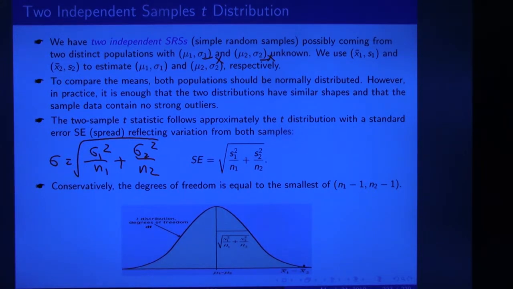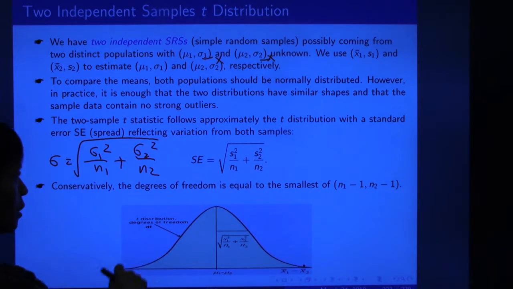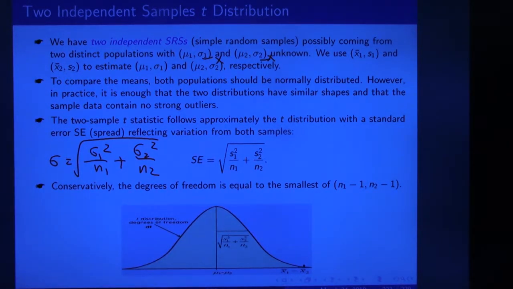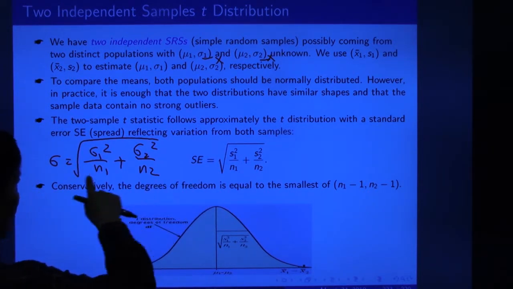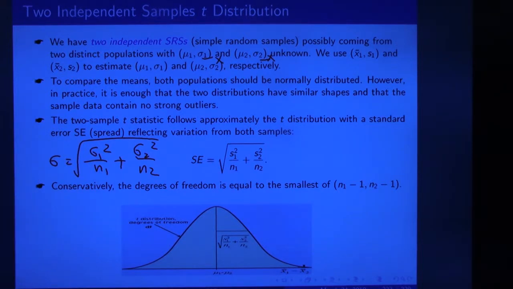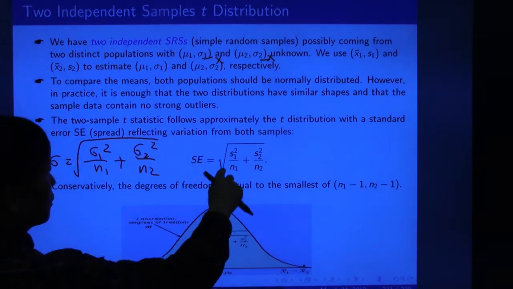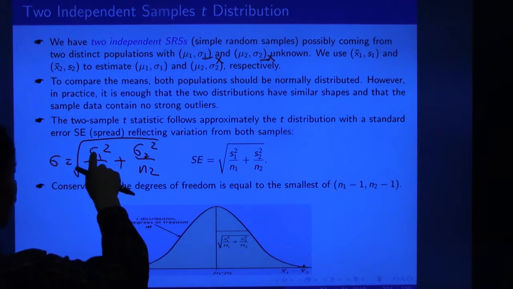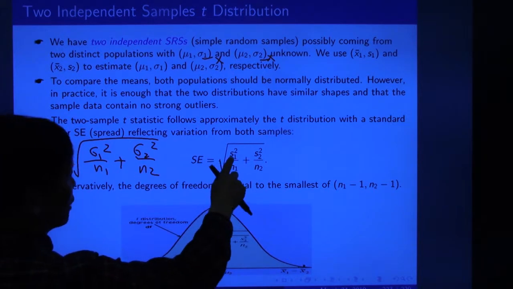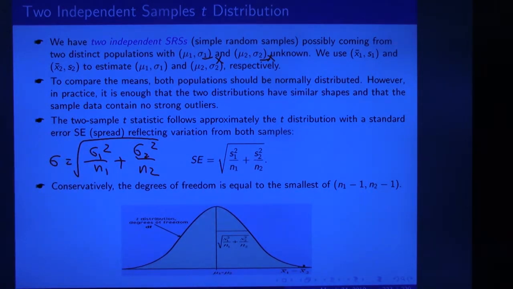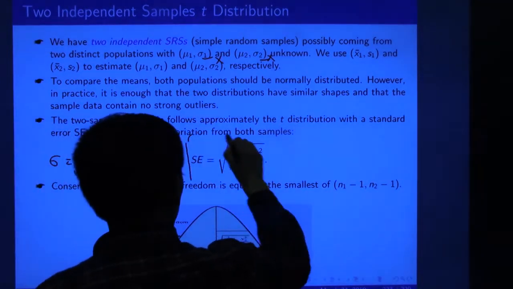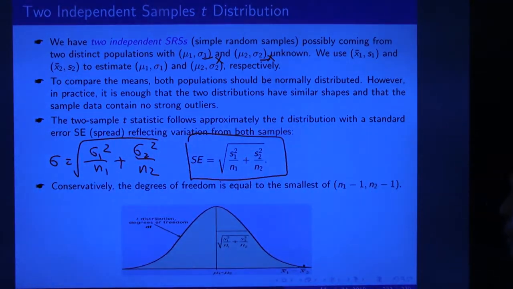Instead, we are going to use the standard deviation of the two samples, S1 and S2, to approximate the population standard deviation. So that gives us the standard error, similar to the standard deviation, which equals the square root here, and replace sigma 1 and sigma 2 with S1 and S2. So this is for two sample t-test.